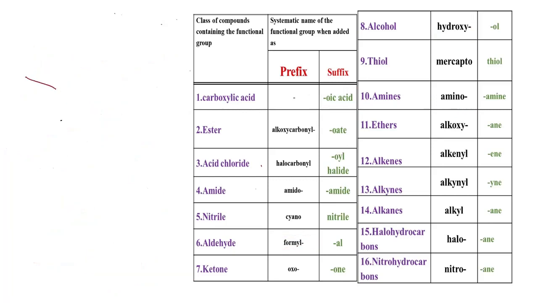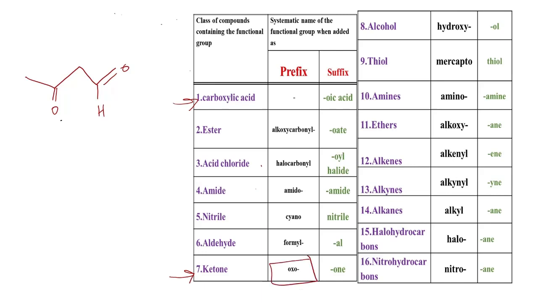The next example is this. It has two functional groups, which are carboxylic acid and ketone.